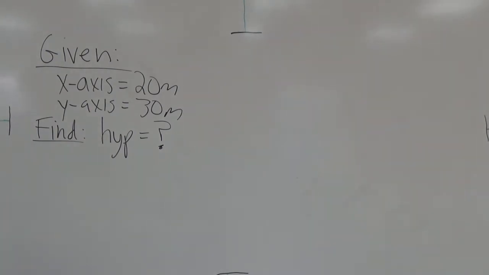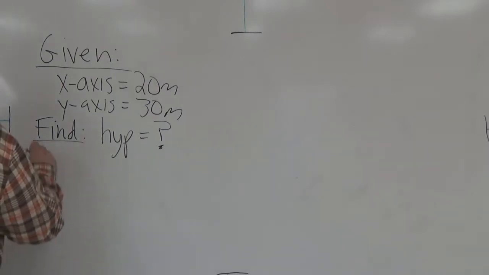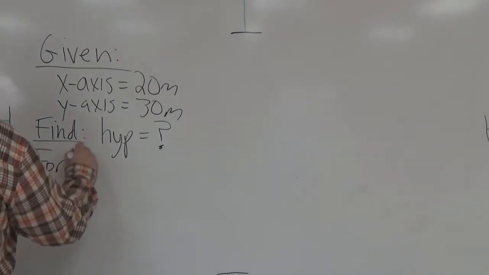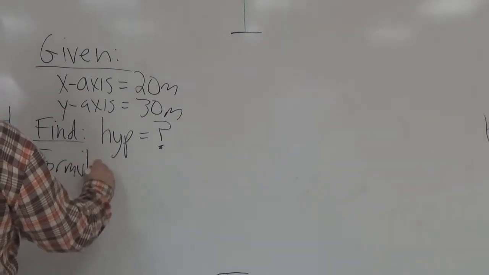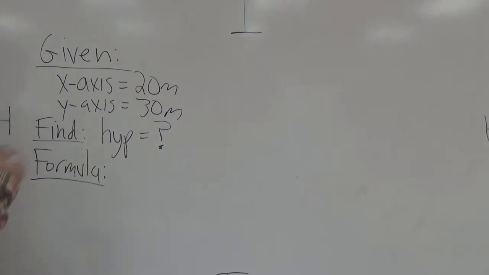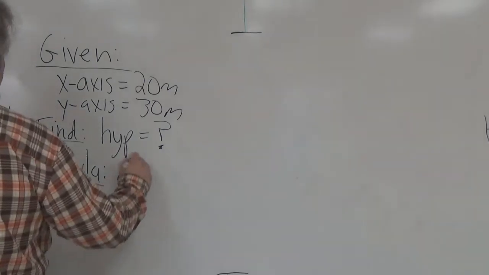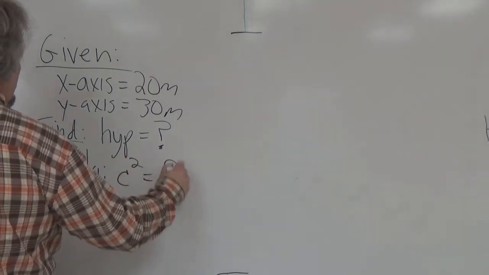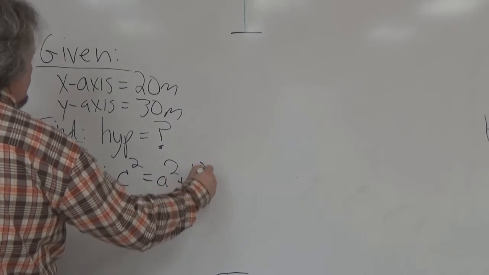Alright, now you have to figure out what formula am I going to need. So we'll go formula next. The formula to find a hypotenuse is c squared equals a squared plus b squared.